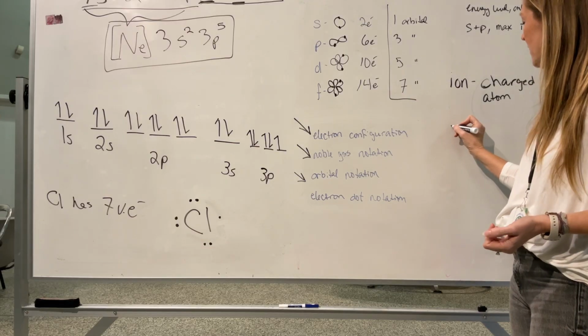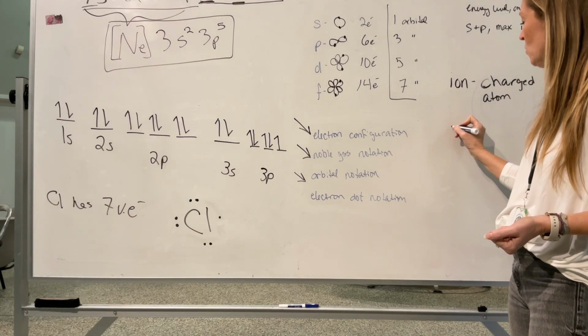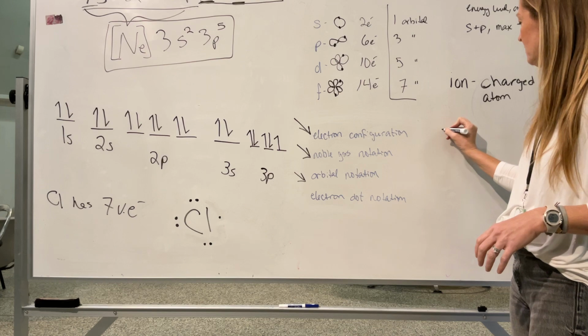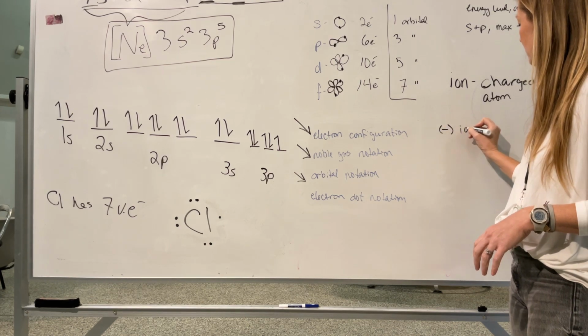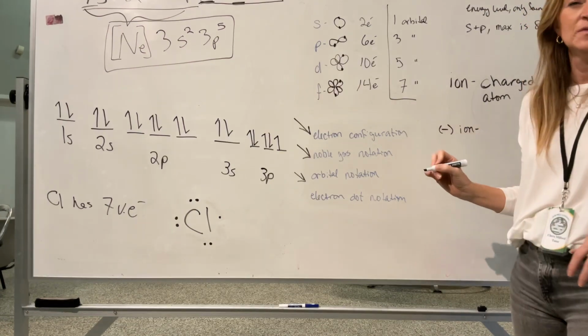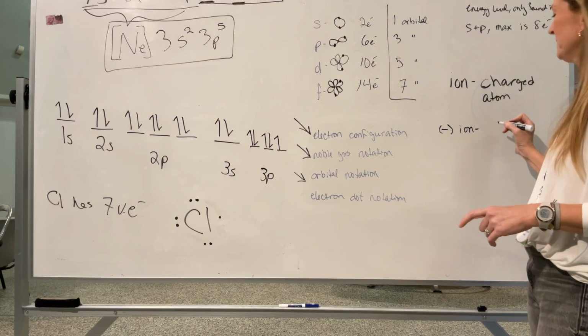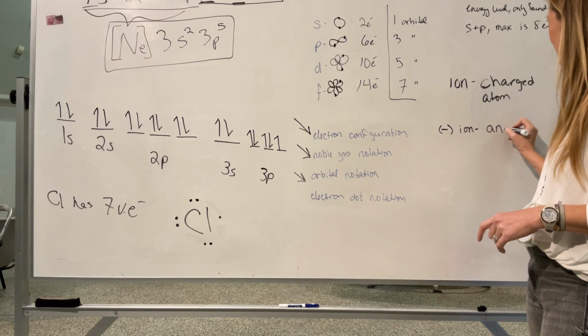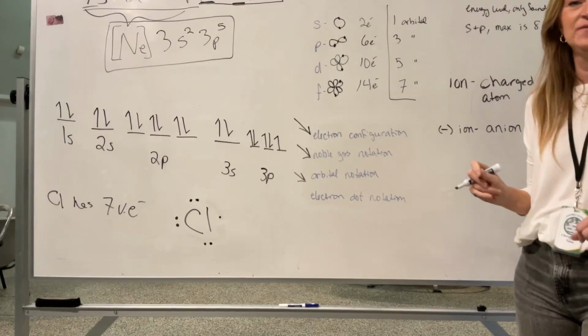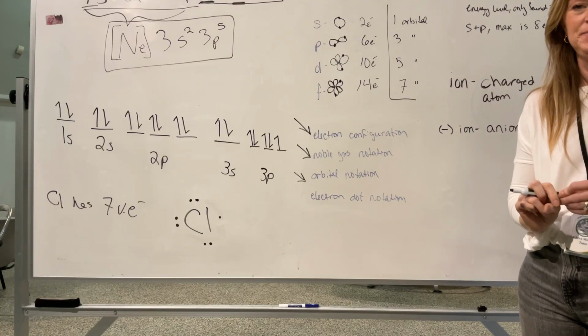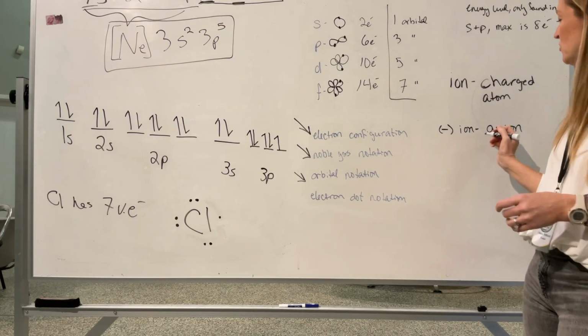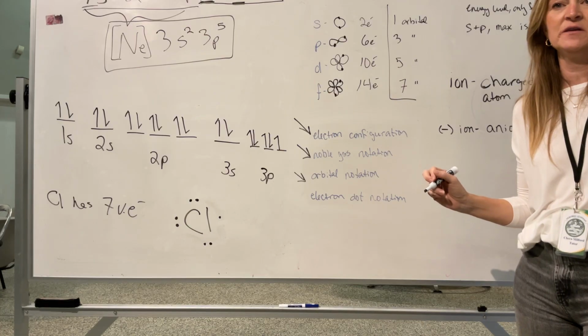So do you guys remember what a negative ion is called? The book named it for you. It's an anion. Do any of you take Latin or Greek or anything like that?